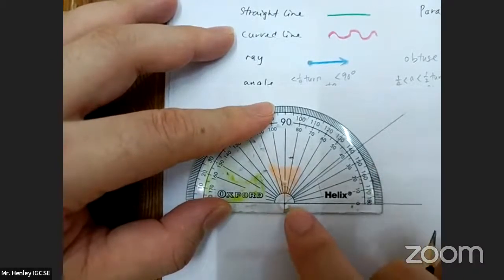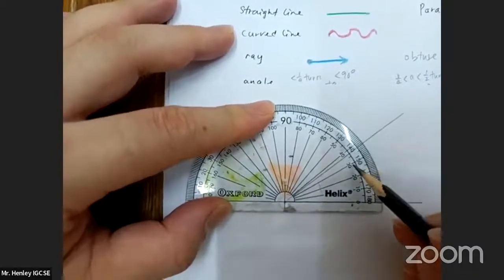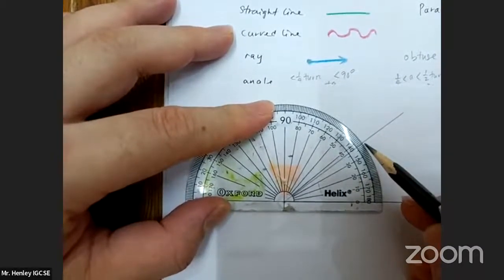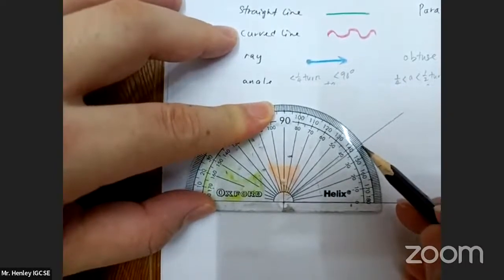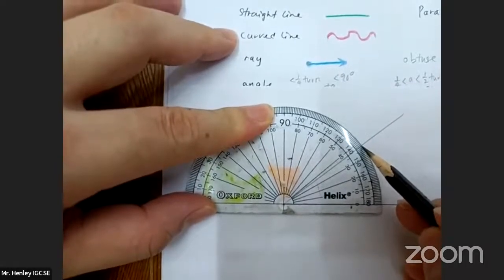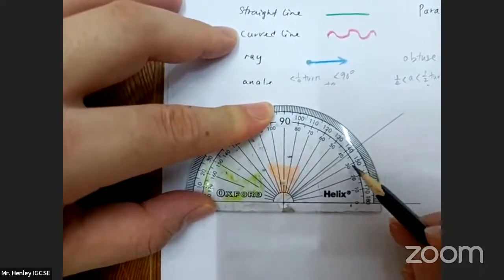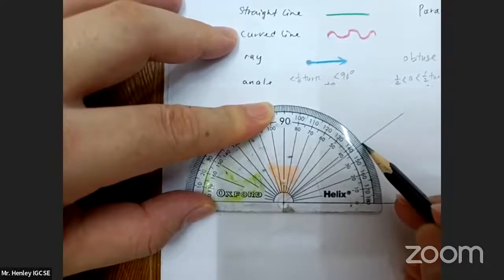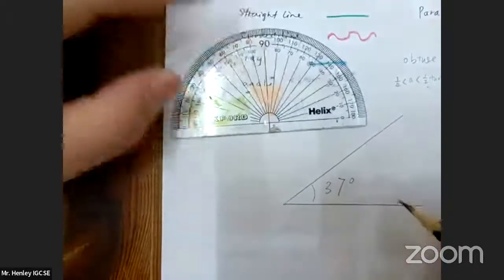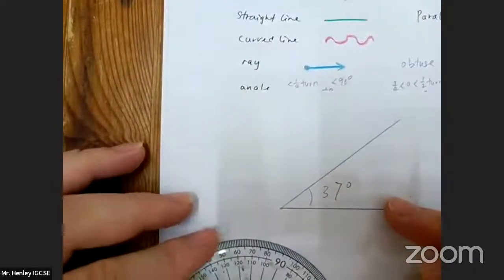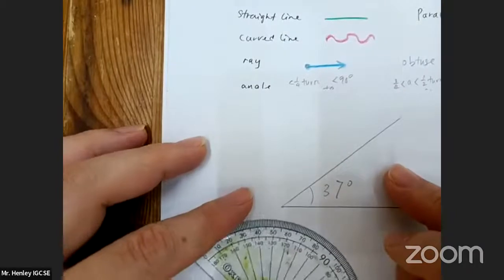Then this other line also must be hidden. Now you can read here: 35, 36, 37, a little bit more than 37. Let's say round to 37. So this angle will be 37. If it is less than 180, you can always measure straight away. It shouldn't be a problem.